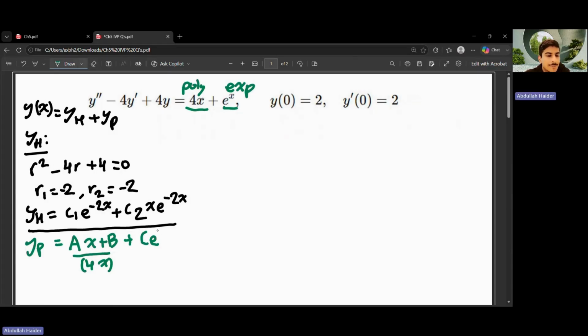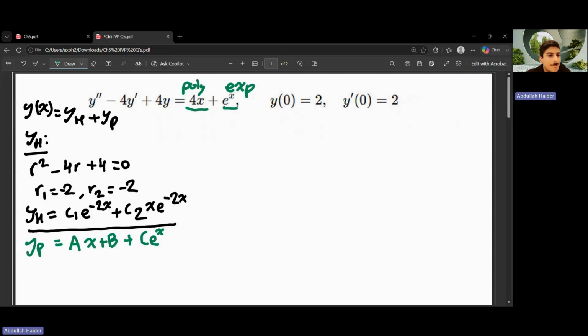So c e power x. So basically this is the yp for the polynomial ax plus b, and we have an exponent, so it should be a constant multiplied by the same exponent. And till now in the previous examples, this is what we have done. We have just identified yh and yp.